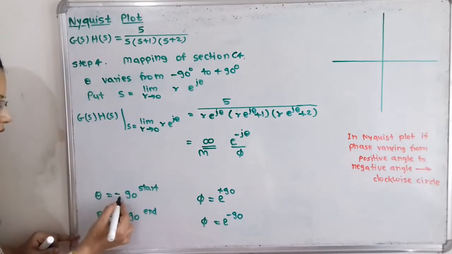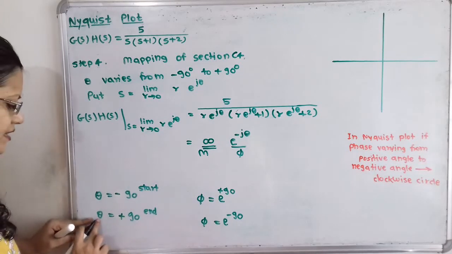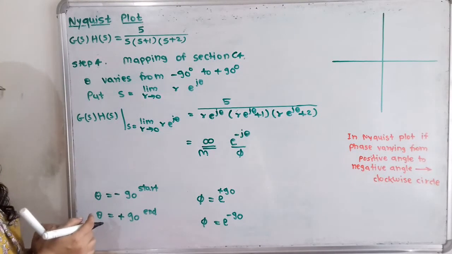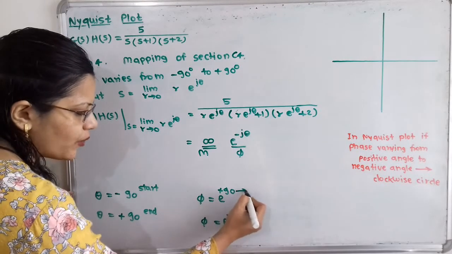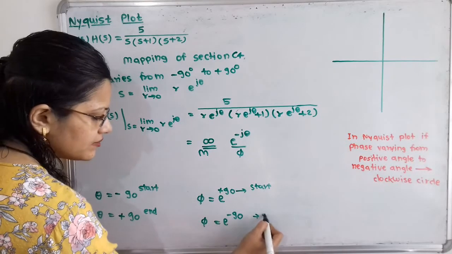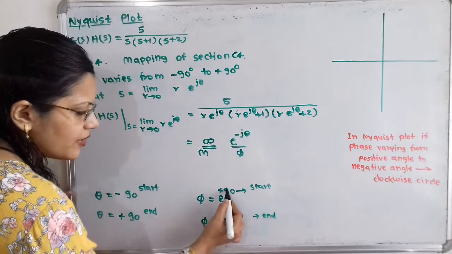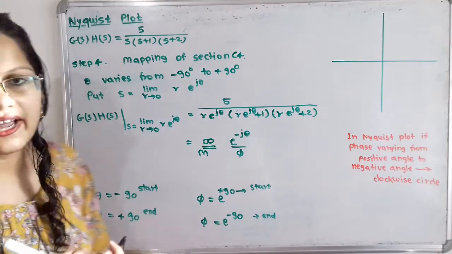So this theta is minus 90, this is the start point, and here theta plus 90, this is the end point. So here phase angle plus 90 is the start point and phase angle phi ends at minus 90. So here phase angle starts at positive angle and ends at negative angle.